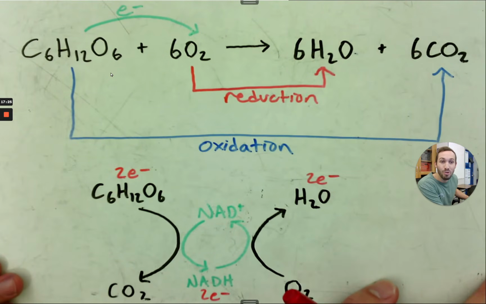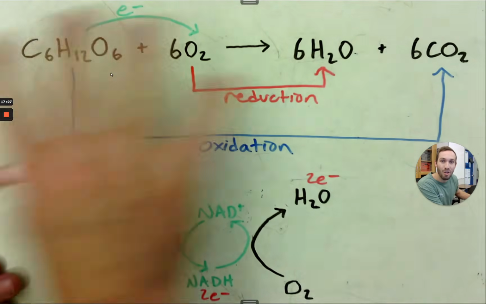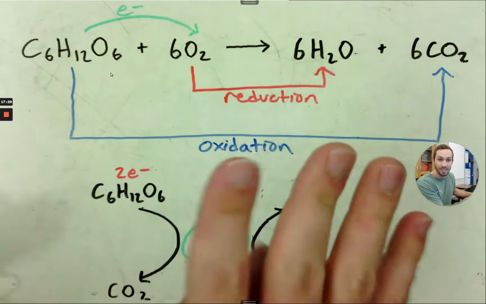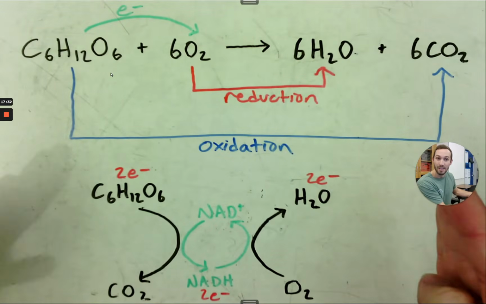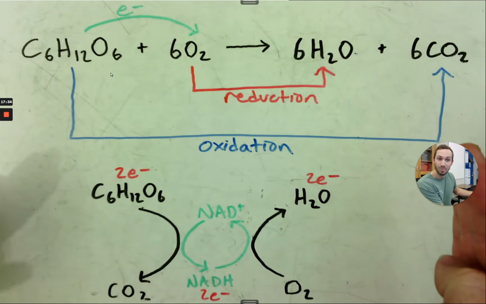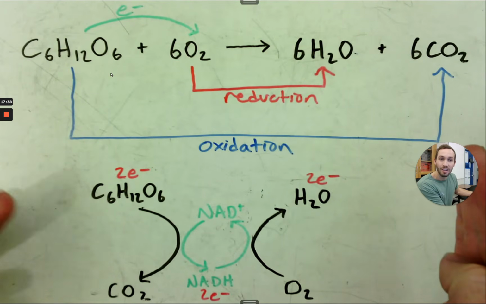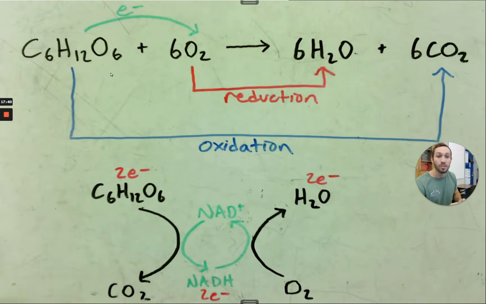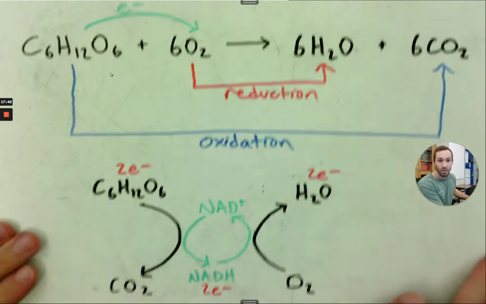But it's kind of cool once you understand how this is all actually happening. But really, this is the big picture. Overall, this is what's happening during cell respiration, and then we're going to zoom into the details over the next couple videos.